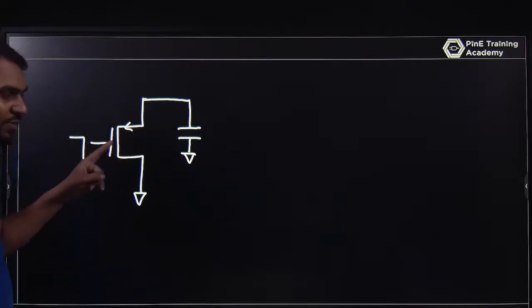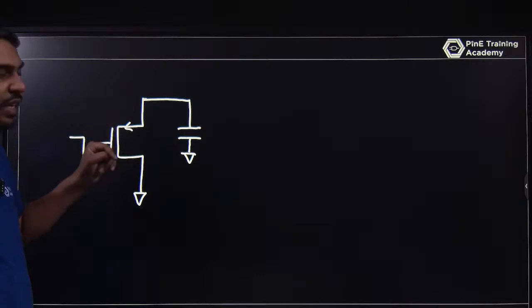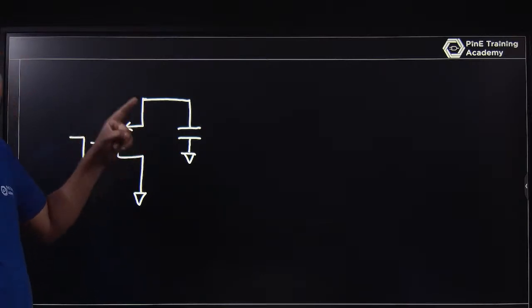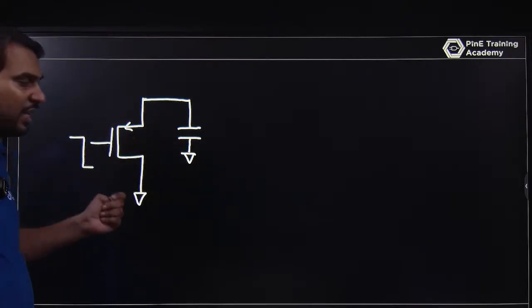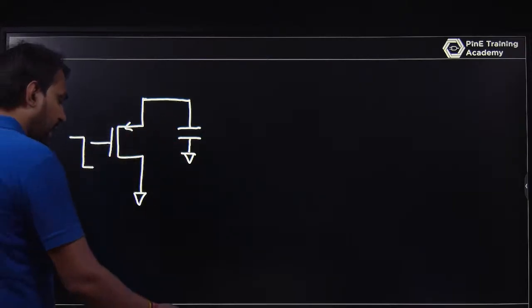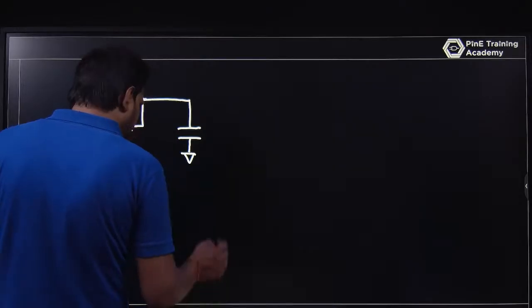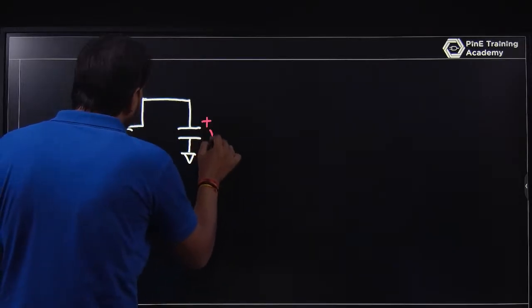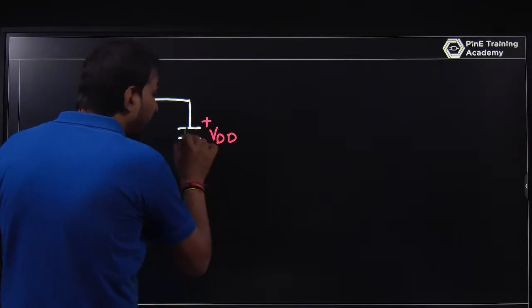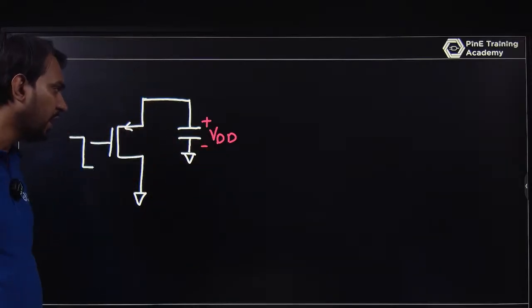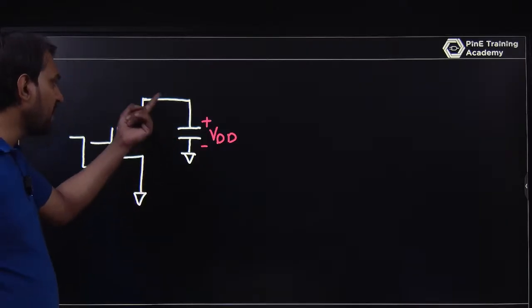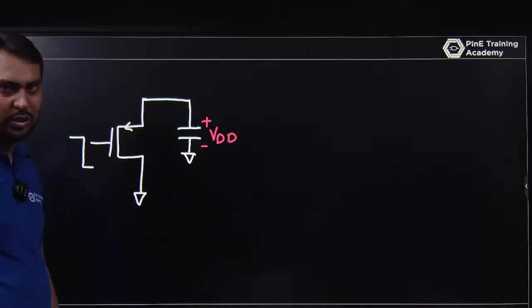In the first case, we made the PMOS charge. In the second case, we made the NMOS charge. Now the third case is the PMOS discharging the capacitor, where the capacitor's initial voltage is VDD. It's not a DC voltage, it's a capacitor voltage. The initial voltage is VDD, and now this capacitor is discharging with the help of the PMOS.